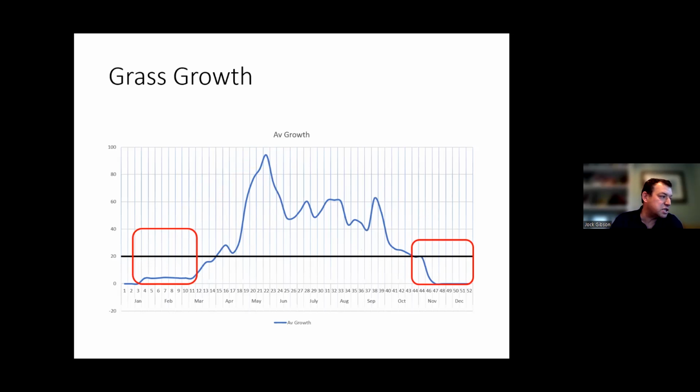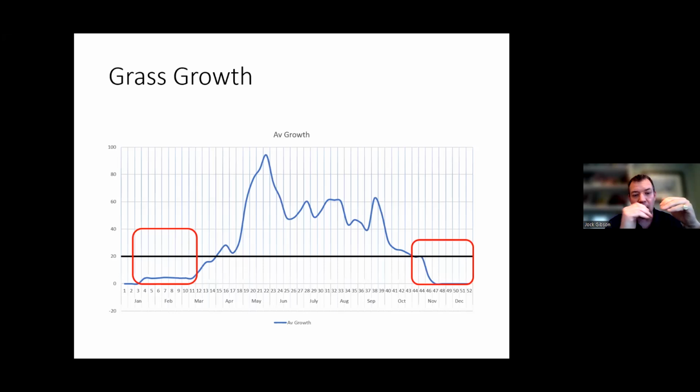What that allows us to do is to again give us a bit more resilience, but it also increases our margins for feeding those livestock. We're not having to feed out as much silage anymore, and we're not having to make as much silage, which is an expensive process.